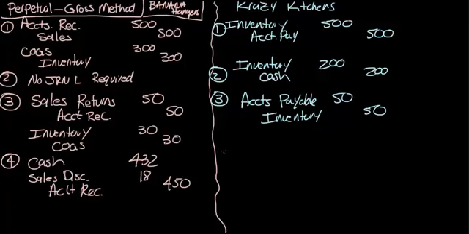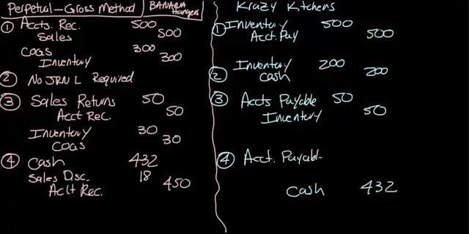Now, if they pay within the 10-day period, which Crazy Kitchens did, how much cash are they going to pay? Well, they're going to pay out in cash $432. Their accounts payable is going to go down by $450 because that's how much they owed. Now this $18 right here goes into inventory.